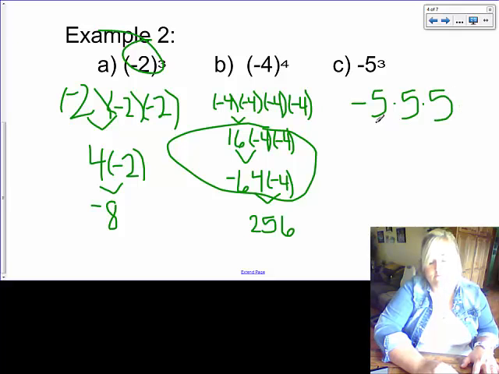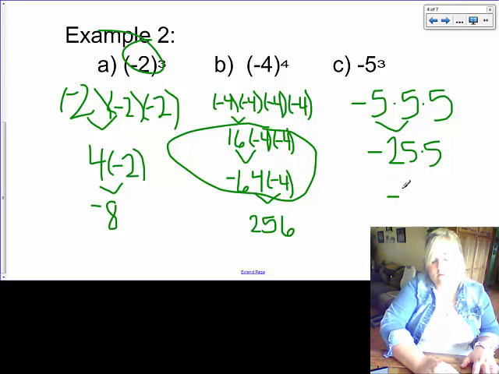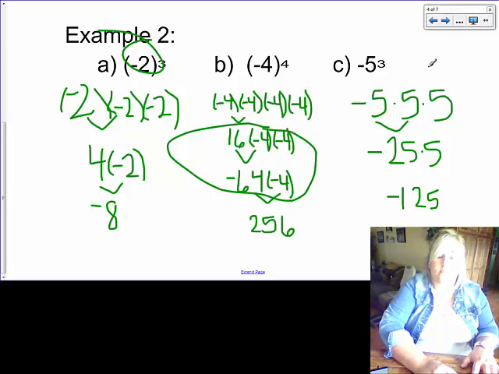So negative 5 times 5 gives me a negative. 5 times 5 is 25. Bring down that last 5 that I haven't used. Negative times a positive gives me a negative, and 25 times 5 is 125. Final answer.